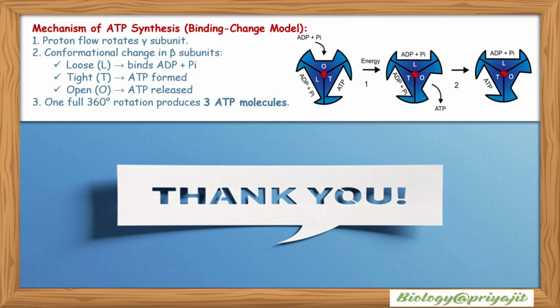To conclude, the mitochondrial respiratory chain and ATP synthesis represent one of the most elegant and efficient energy-converting systems in biology. The orderly transfer of electrons through complexes 1 to 4 not only drives redox reactions but also establishes a powerful proton gradient across the inner mitochondrial membrane. This gradient, rather than the electrons themselves, becomes the true source of energy for ATP formation.